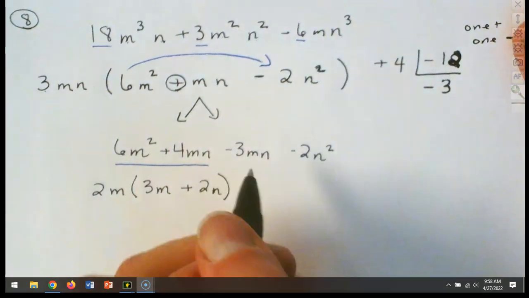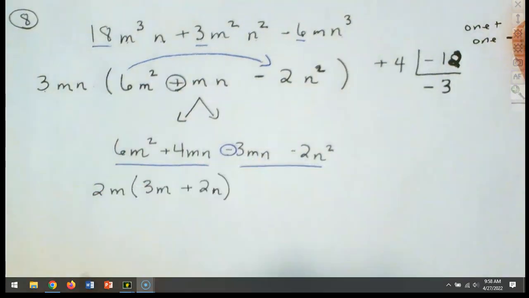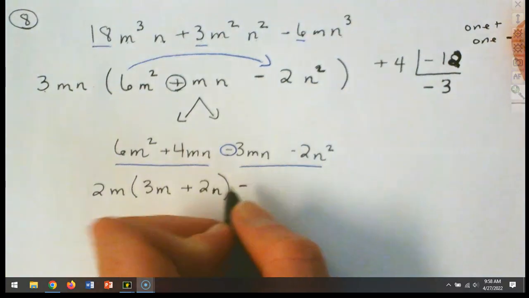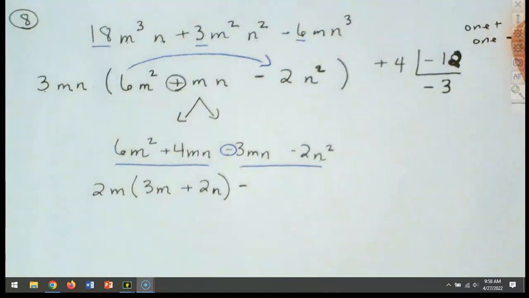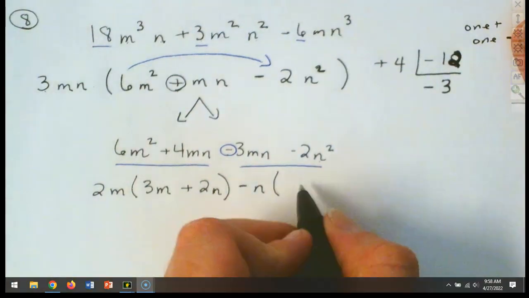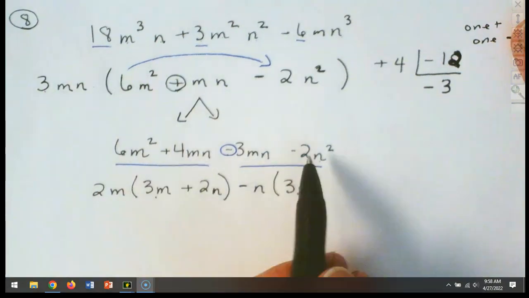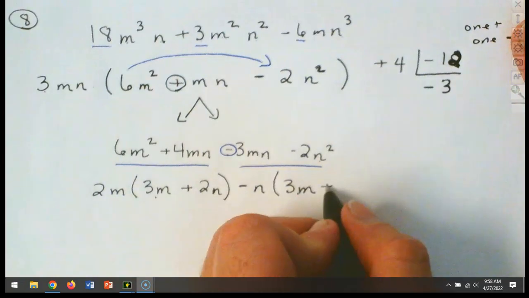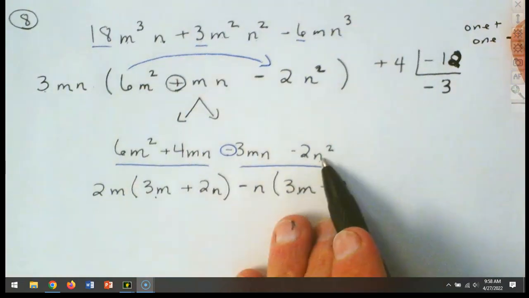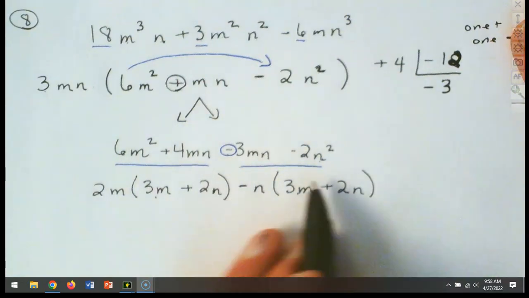Next 2 pieces. It begins with a negative. So what am I going to factor out? Negative, and what else? N. Okay, if I factor out a negative n, that's going to switch my signs, and that's going to make it a 3m. That matches. Negative comes out. That leaves you with a positive 2. N squared. Take out an n. That leaves you with a 2n. That matches, doesn't it?